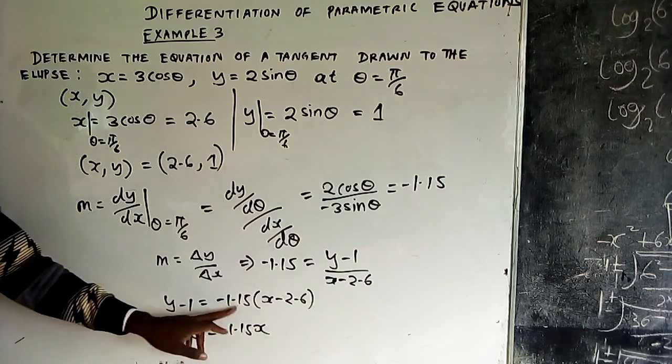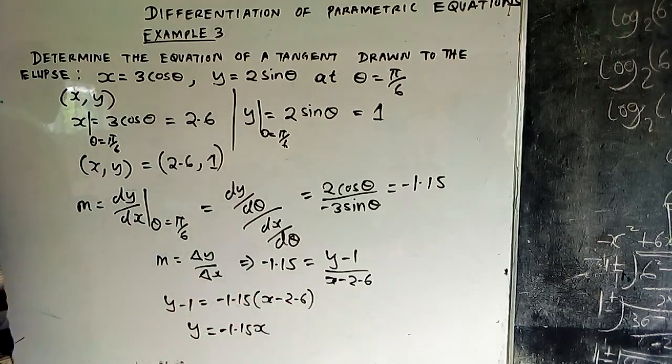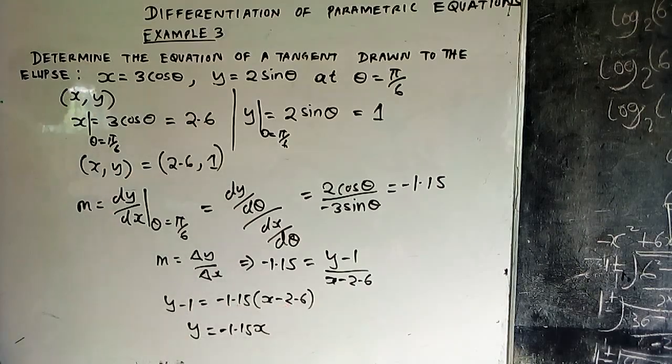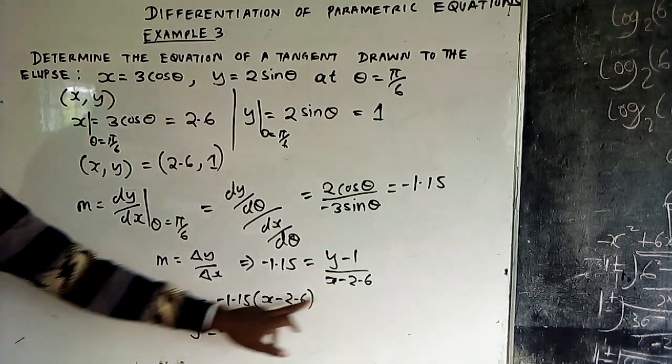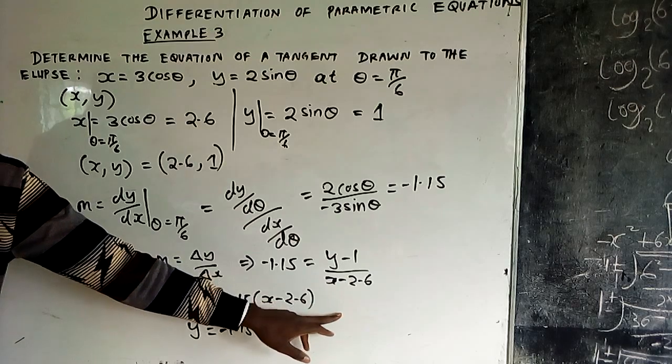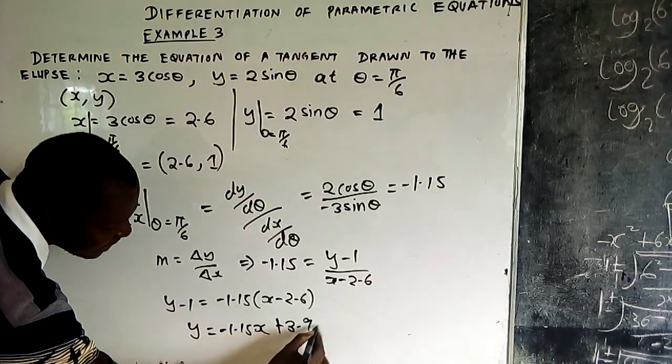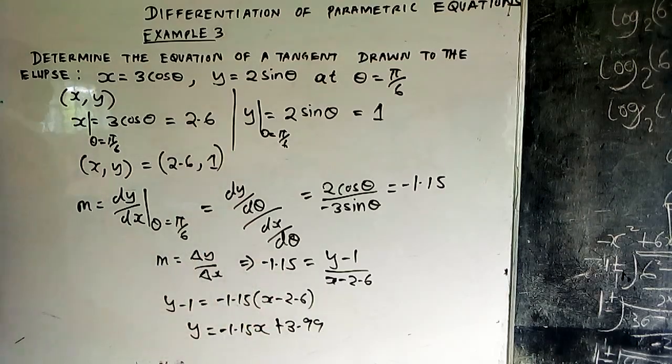Go on, negative 1.15 times negative 2.6, you have 2.99, isn't it? Then negative 1 going to the other side becomes positive, so it is plus 1. You get 3.99, so you simplify it.